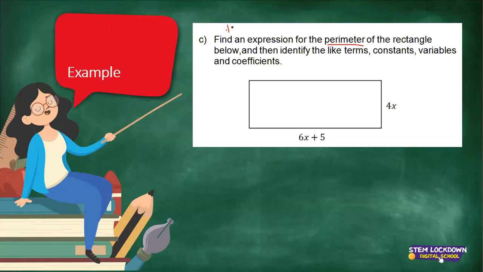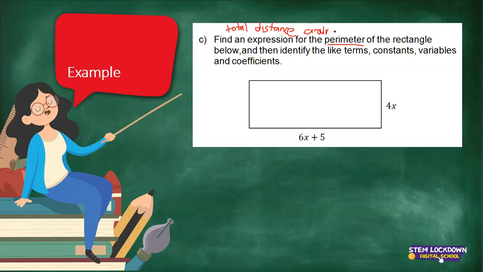Perimeter is the total distance around a shape, okay?